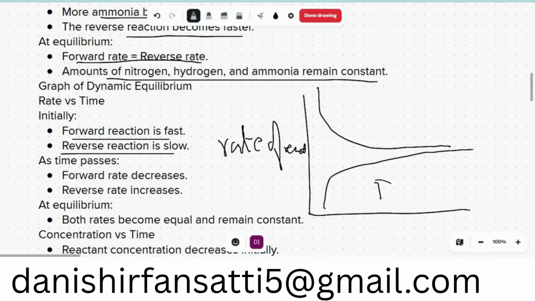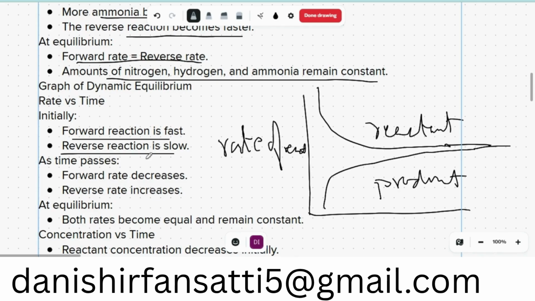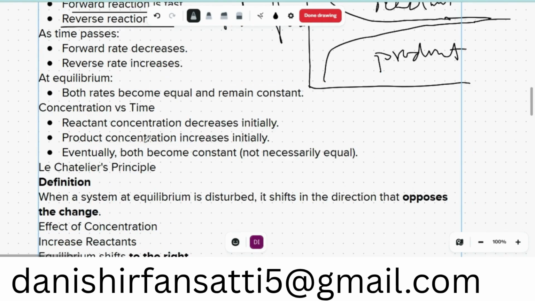That is the product, and that is the reactant. At some point they both meet each other. Now the rate of forward reaction is equal to the rate of backward reaction. Concentration versus time: reactant concentration decreases initially, and product concentration increases initially. Eventually both become constant.